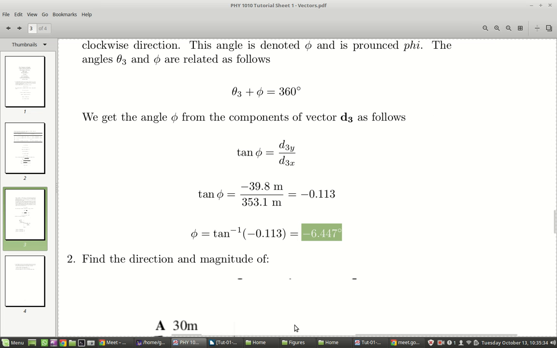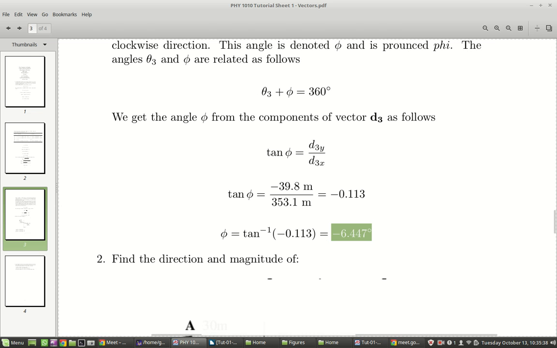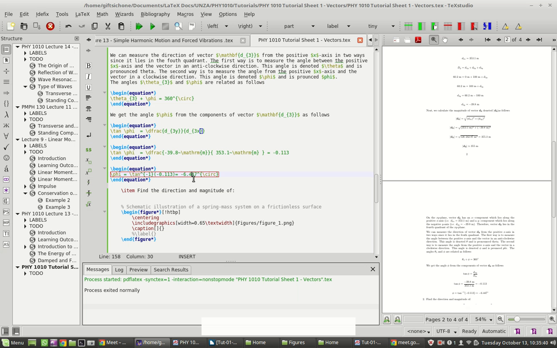Yes, it is. Okay, so we'll write it as just 6.4.